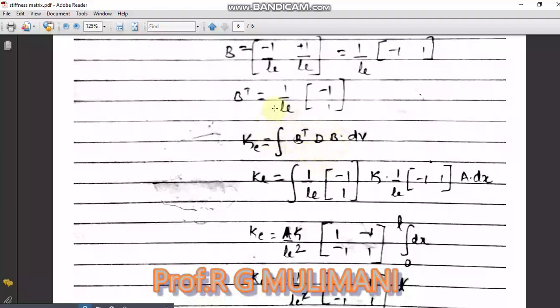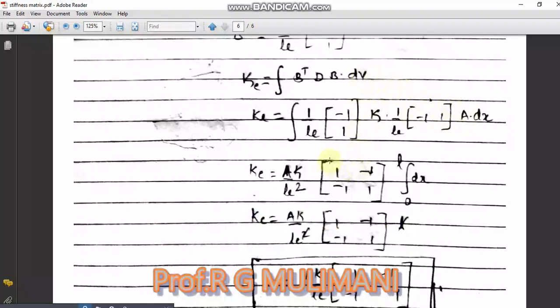Substituting this B value and B transpose value, B is 1 by LE [minus 1, 1], and B transpose is the transpose of this matrix, now a column matrix. D is the thermal conductivity for the conduction problem, and it is a one dimensional problem, so the elemental volume dV can be written as A into dx. So 1 by LE times 1 by LE is 1 by LE square. The product of these two matrices is a 2 by 2 matrix, [1 minus 1; minus 1 1].